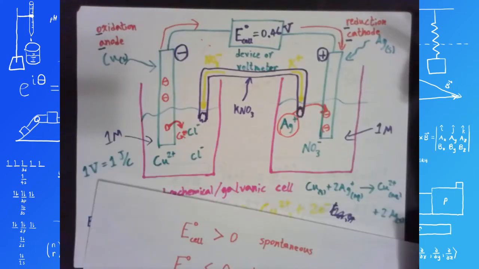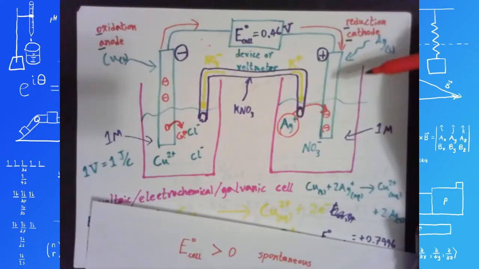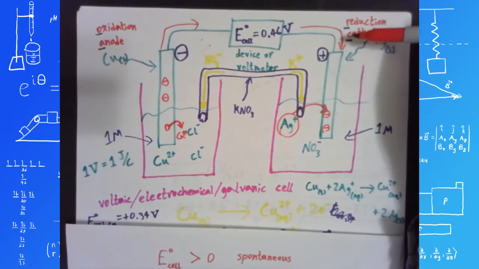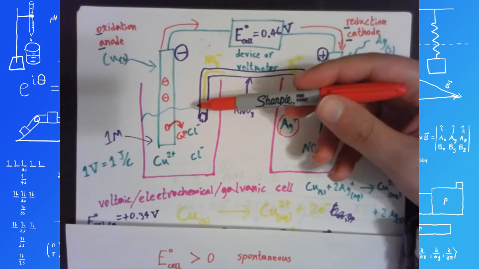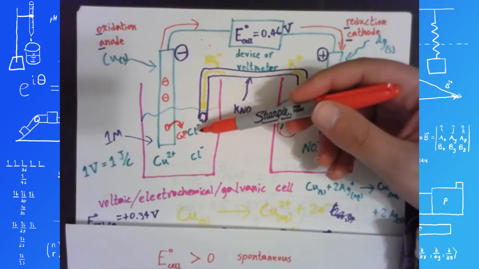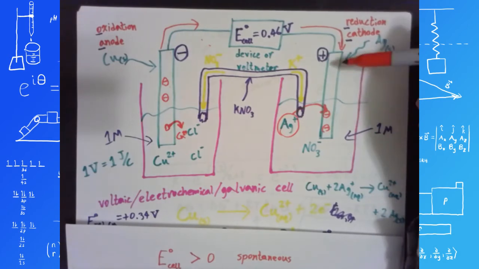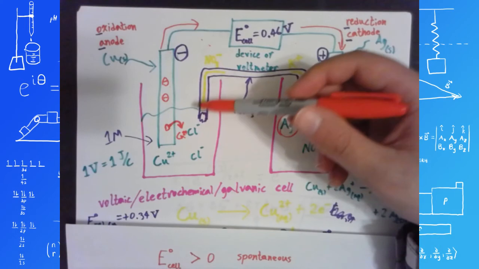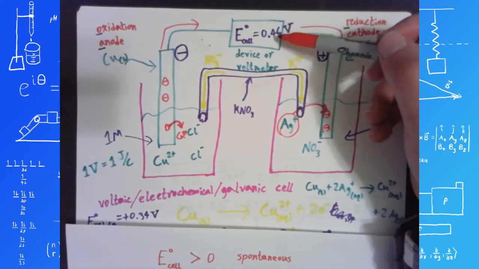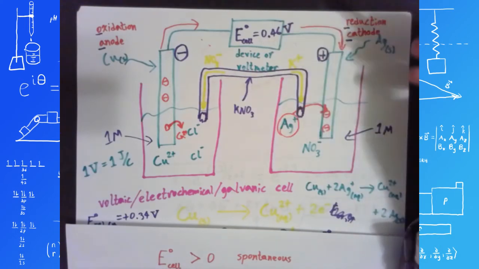In a spontaneous process, the half cell that has the higher reduction potential is going to be the one that gets reduced, and the one with the lower reduction potential is always going to get oxidized. So you'd have the reduction potential of the higher one minus the lower reduction potential, which always gives you a positive E cell.